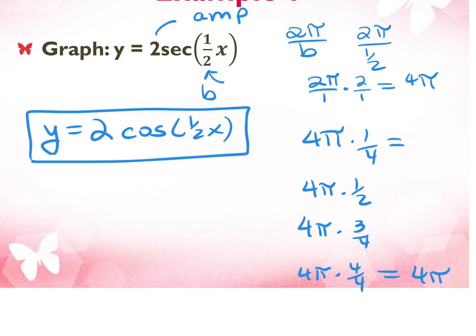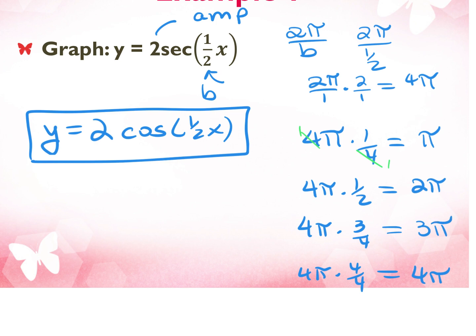Go ahead and multiply these. This simplifies diagonally. The 4s would cancel out and become 1s. So this is just pi. And then this one would become 4 pi over 2, which is 2 pi. This becomes 3 pi.